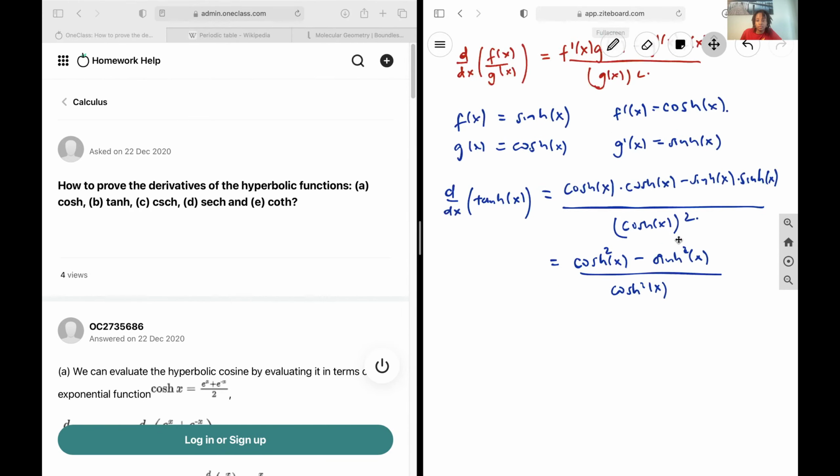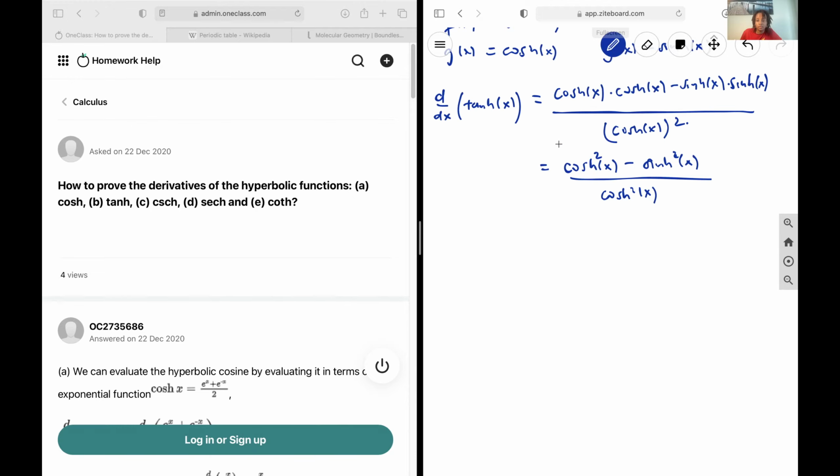And we actually have an identity here too, where we know that, sorry, just one moment. Here it is.